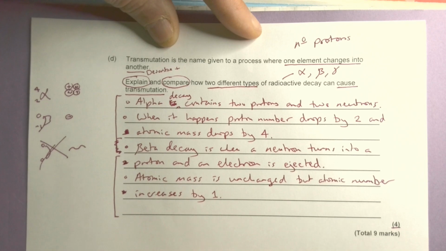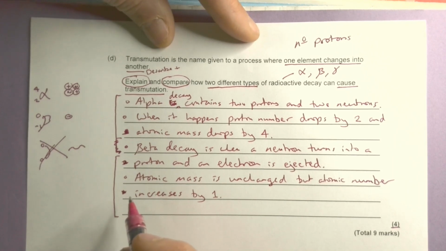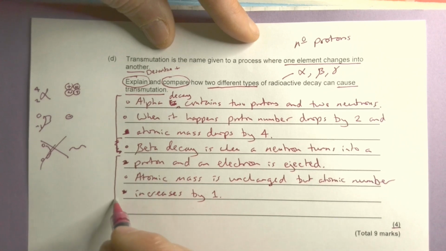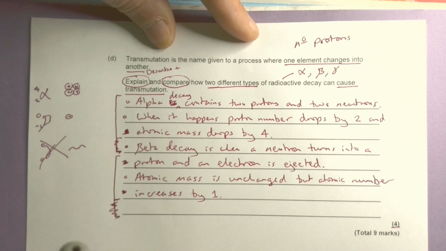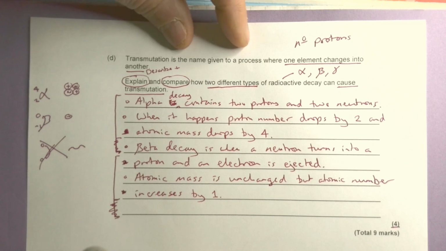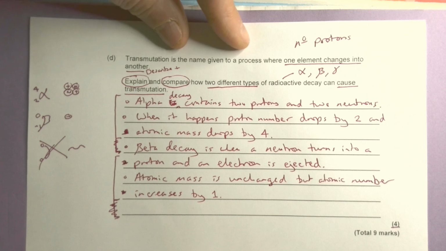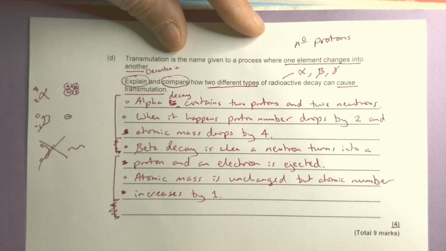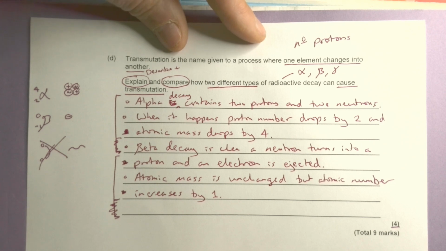Okay, so in both cases here, I just need to make sure the examiner knows. I know I've done 4 bullet points already, but it's that comparison part. Have I compared? Well, I think I have actually, because I've said what happens to each. I just want to make sure the examiner here knows that I know it's the atomic number that dictates that a new element is created.